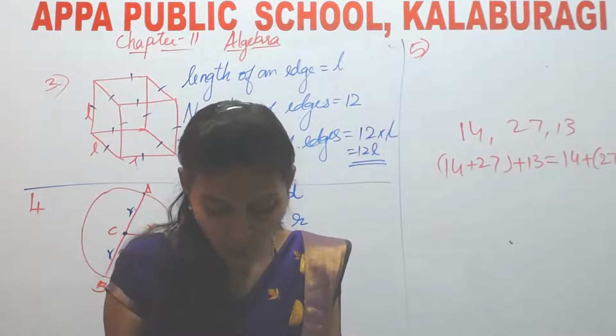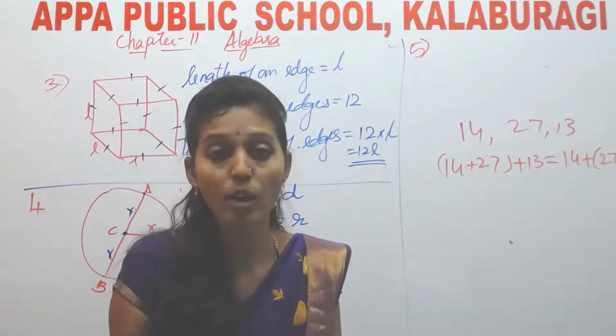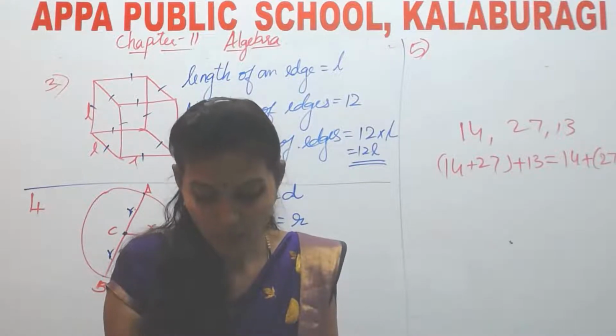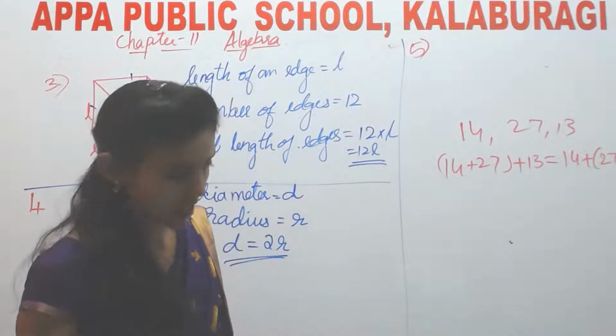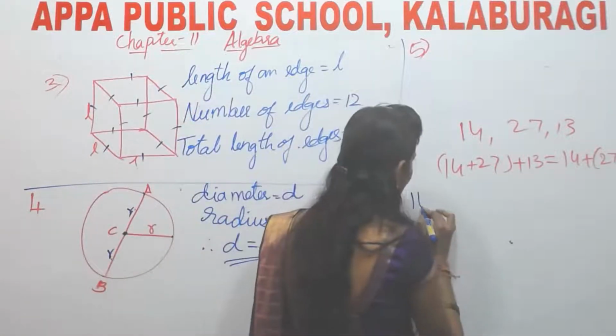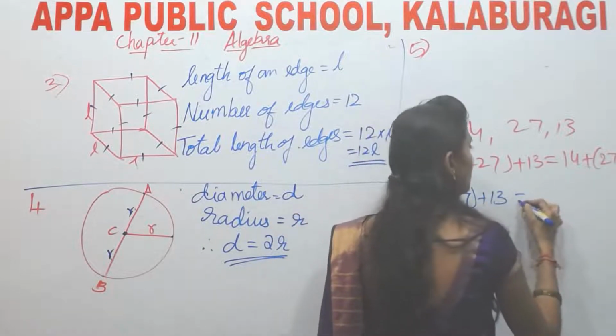Express this property, which we have already studied in the chapter on whole numbers, in a general way by using variables A, B, and C. See here, 14 plus 27 plus 13 is also 54.